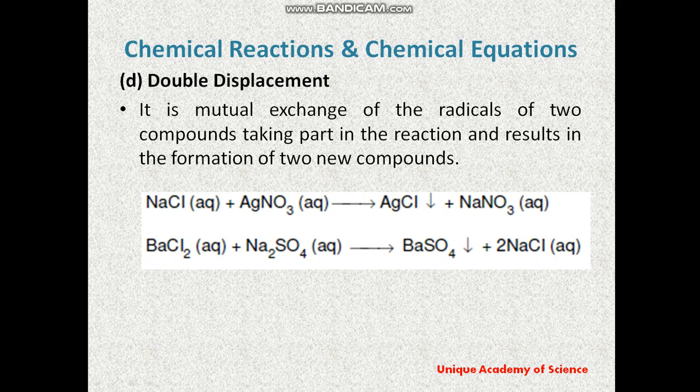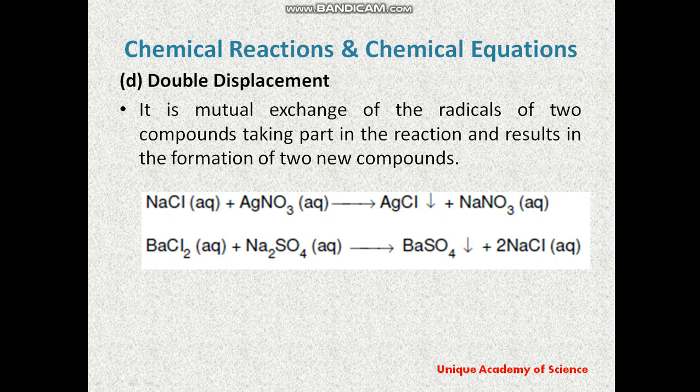So here Ag reacts with negatively charged chlorine, Ag+ and Cl-, and it gives AgCl, which means silver chloride, whereas NO3 has a negative charge and the sodium has a positive charge.